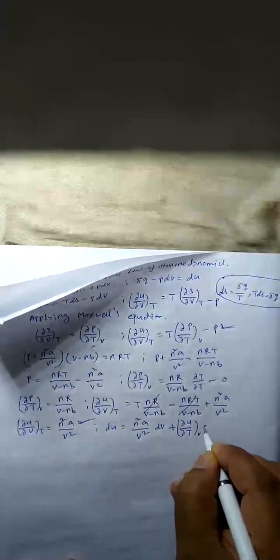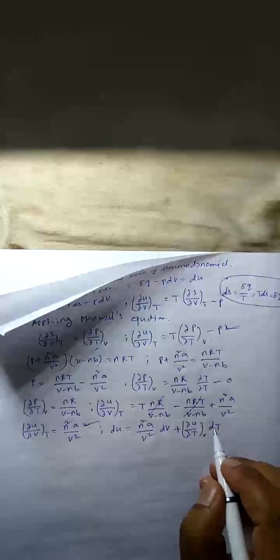So I put this value, that means the value will come like this: dU is equal to (∂U/∂V) at constant temperature, in that place we write n²a/V², then dV, plus (∂U/∂T) at constant volume dT. dT is equal to 0 at constant temperature.